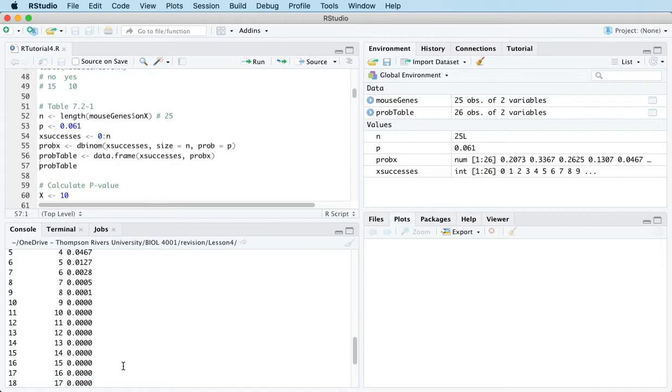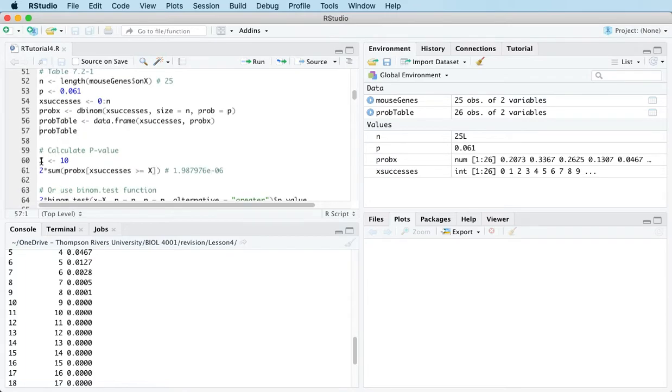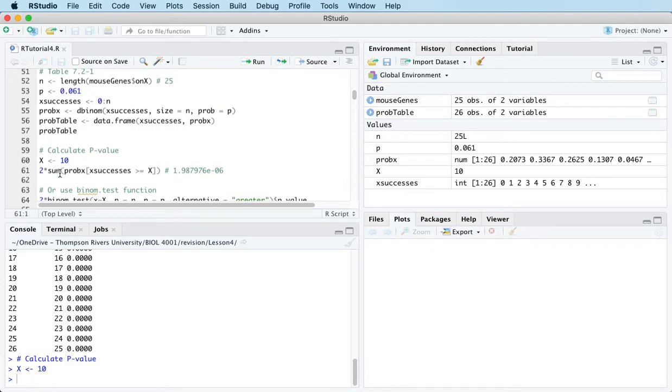And our p-value is the probability under the null hypothesis of getting something as extreme as our test statistic, or even more extreme. And so remember, our test statistic is that x equals 10. And so if we add up the probabilities of 10 or more, and then multiply that by 2, because we're doing a two-tailed test, that will give us our p-value.